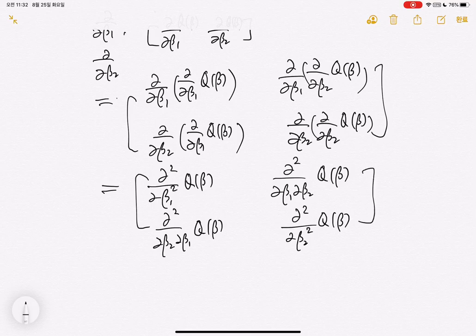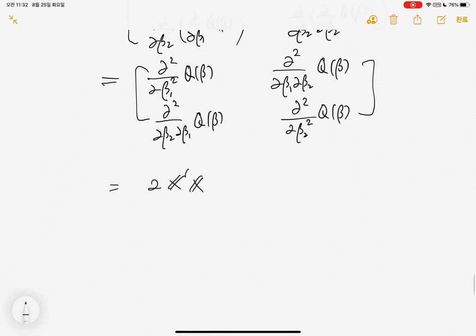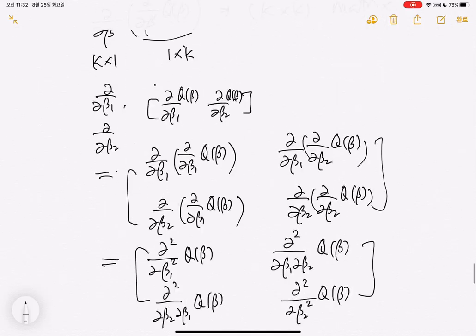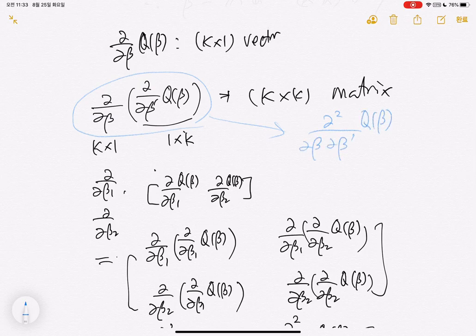Okay, so do this and verify that this is 2 times x prime x. And notation wise, here instead of this, we write partial squared partial beta prime partial beta Q of beta. So that's the Hessian.